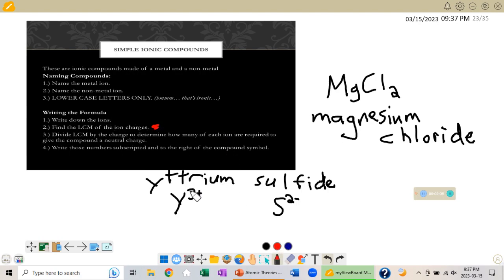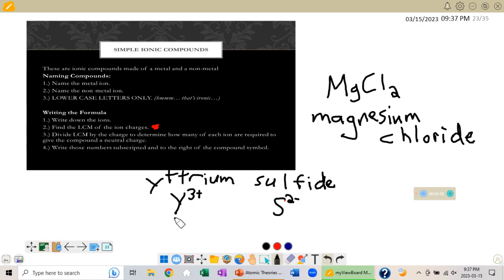And that works. Least common multiple of 3 and 2 is 6. And that's just a quick way to figure out how many of these 3+ and how many of these 2- do I need. And the idea is here, I'm going to need the same number of pluses as minuses.